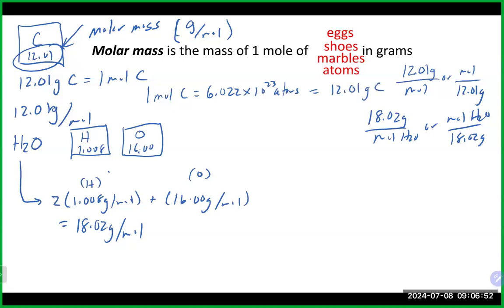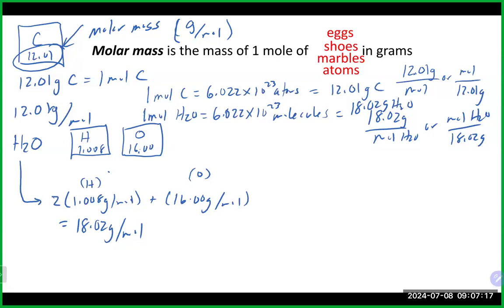That is how they all relate to each other. Same thing if you had 1 mole of water, that would equal 6.022 times 10 to the 23 molecules of water, and that would equal 18.02 grams of water.